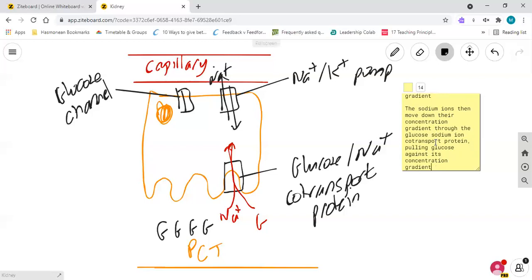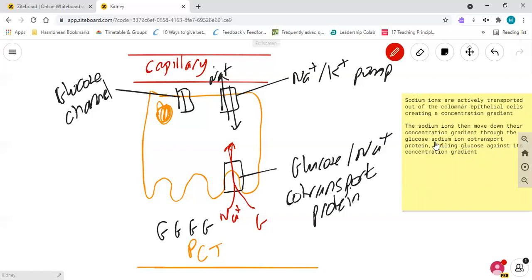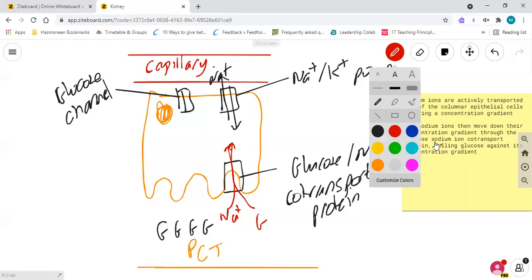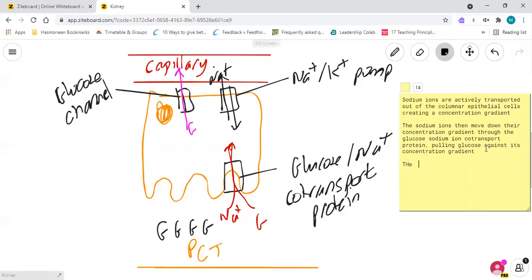So now we've got the glucose inside the cell, we now just have to get it outside. So all that will happen now is that that glucose will be quite happy to now move by facilitated diffusion, down its concentration gradient, into the capillary.